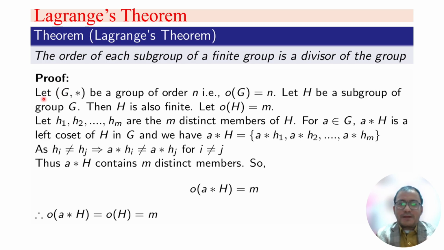Proof: let G under the binary operation be a group of order n. We took n as the number of elements in the group, so the order of G is equal to n. Let S be a subgroup of the group G. Then S is also finite, obviously, since from a finite group we are creating a subgroup.